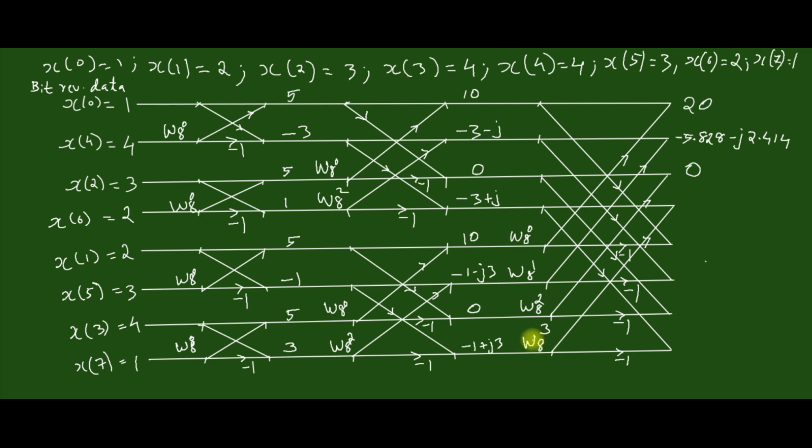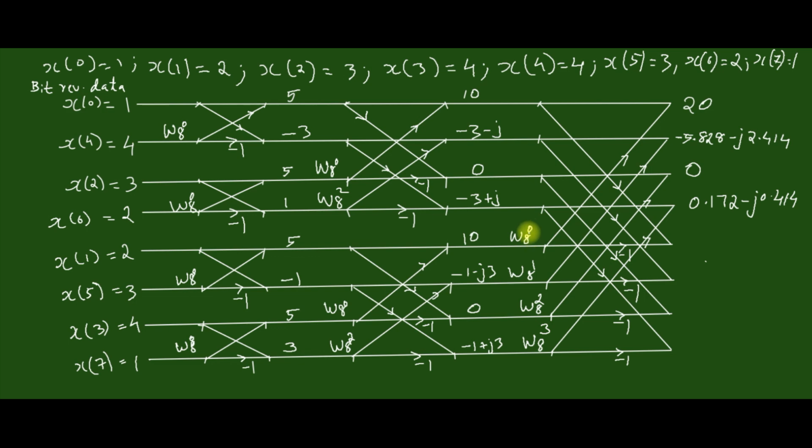W8 raised to 3, as you know, is minus 0.707 minus j 0.707. So multiply these two and add with this number, so that you will get 0.172 minus j 0.414.